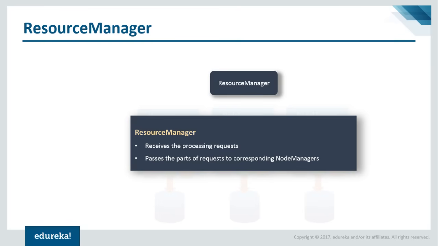So it optimizes for cluster utilization, that is, it keeps all the resources in use all the time against various constraints such as capacity guarantees, fairness, and service level agreements. Right? And it also manages all the node managers. So whatever request comes from the client for any job execution, it passes the request to the respective node managers.